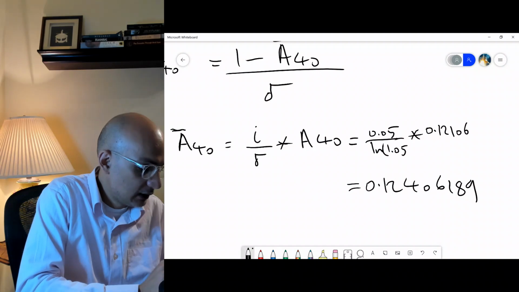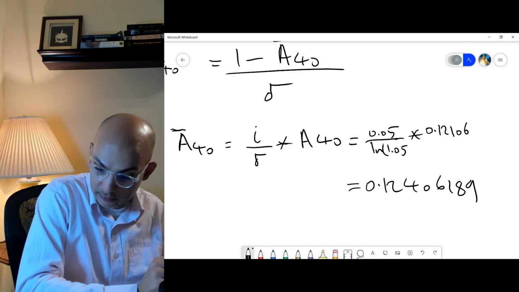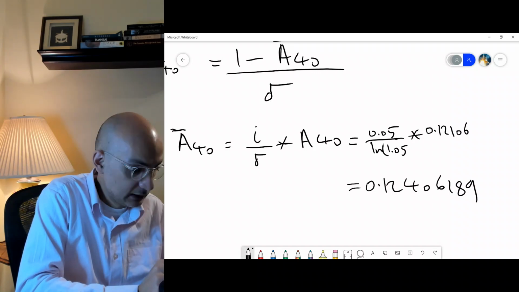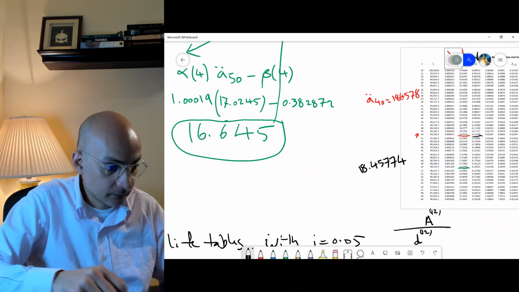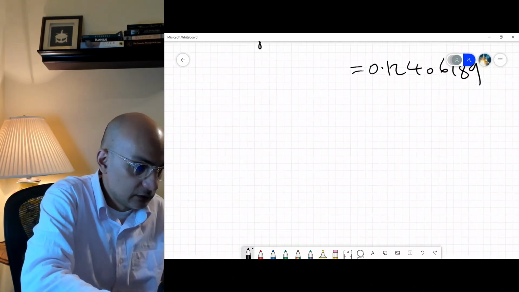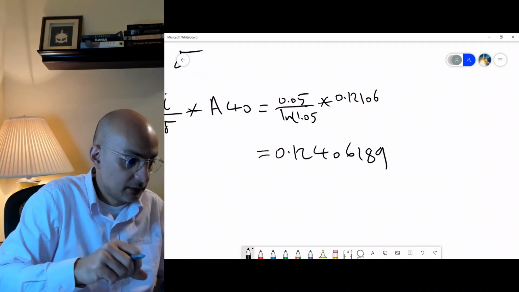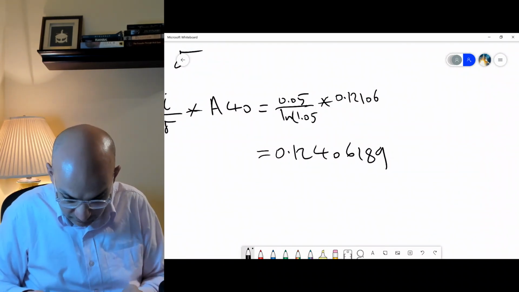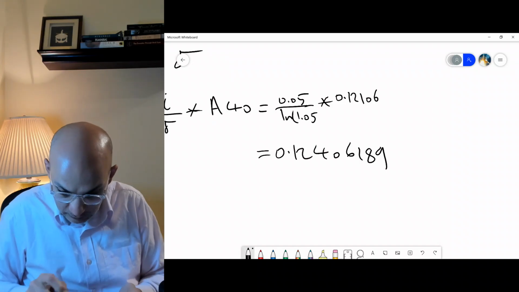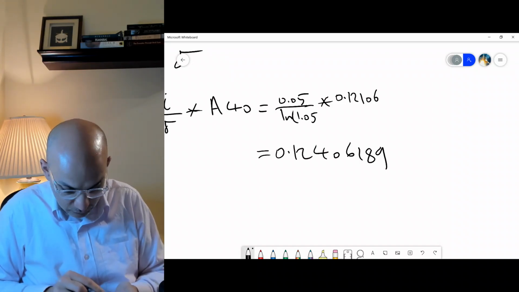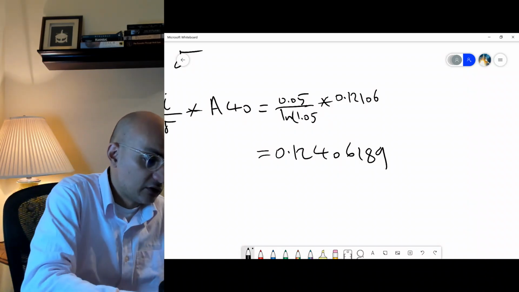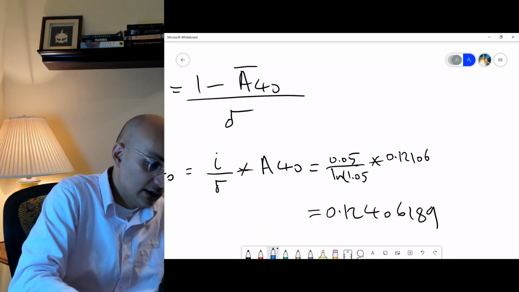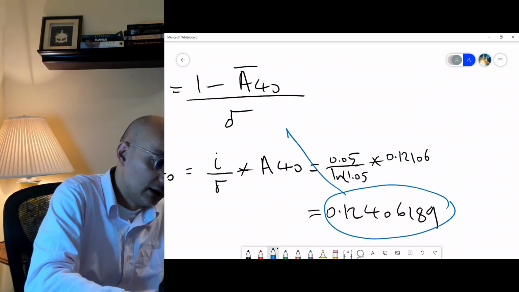0.5 divided by ln 105, and this one multiplied by A40. Sorry, just make sure that I got the correct number. The A40, the capital A, I mean 0.12106. Yeah, that's correct. Now I need to take this one and plug it in here.